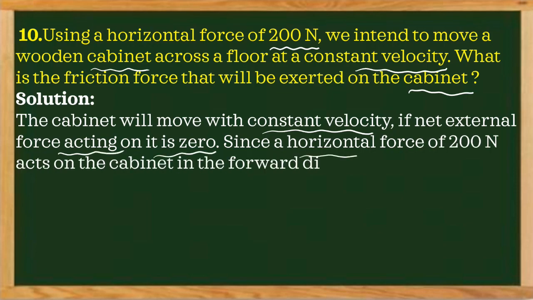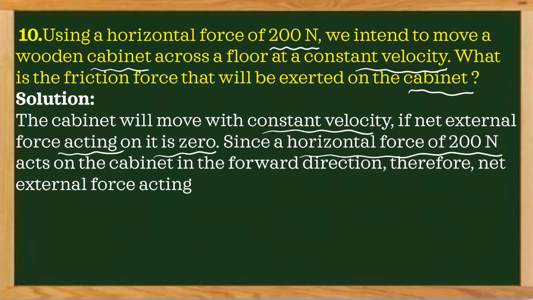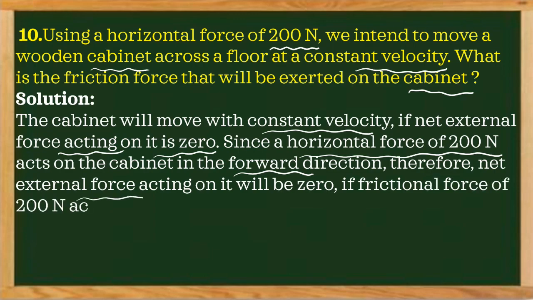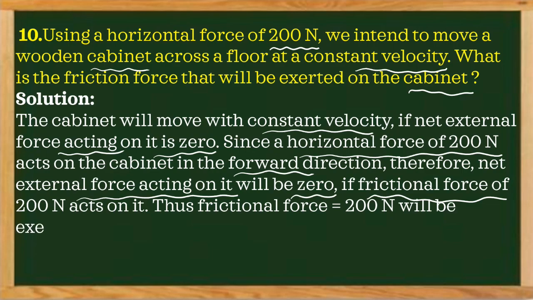Since a horizontal force of 200 newtons acts on the cabinet in the forward direction, the net external force acting on it will be 0 if a frictional force of 200 newtons acts on it. Thus, a frictional force of 200 newtons will be exerted on the cabinet.